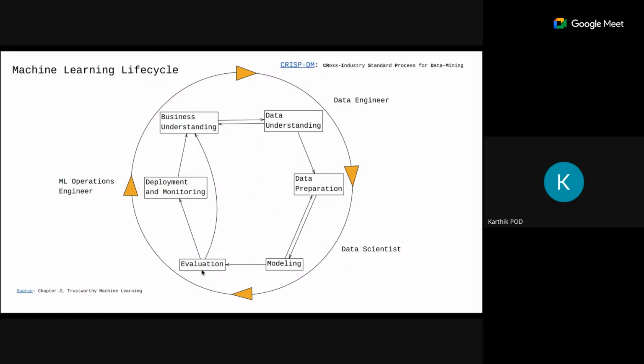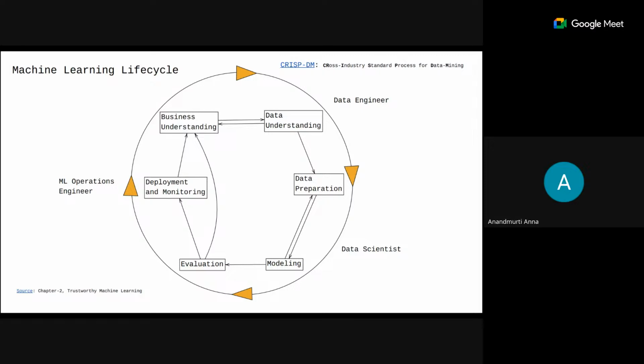And finally, the data scientist will hand over the model to an ML ops engineer who is responsible for deploying this model onto the cloud, allocating resources on the cloud, and making sure that the APIs are exposed to the client, okay, and all that. So there's so much more that we have not covered. So yeah, that's the end of week 12.